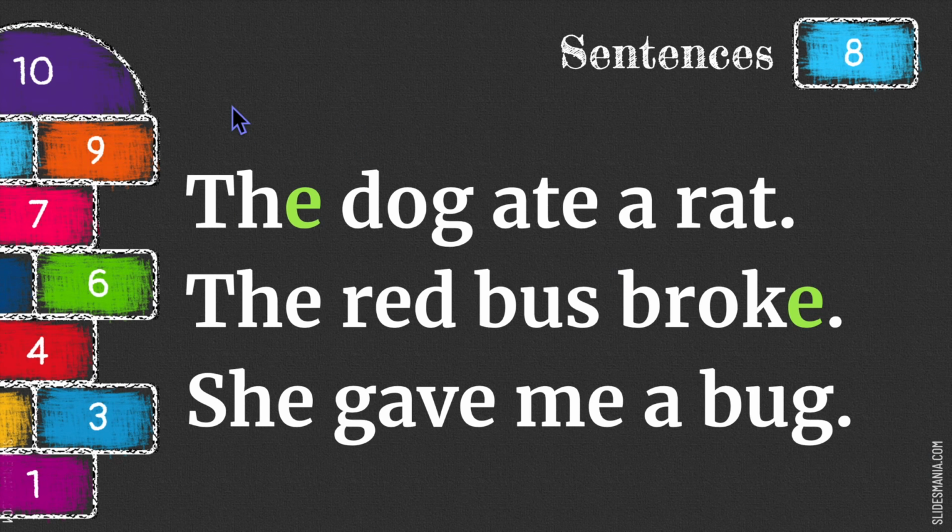Let's practice with some sentences. The, dog. Here's a silent E. Ate. If you don't remember the silent E, please go back and redo lessons 5, 6, and 7. A rat. The dog ate a rat. The red bus.